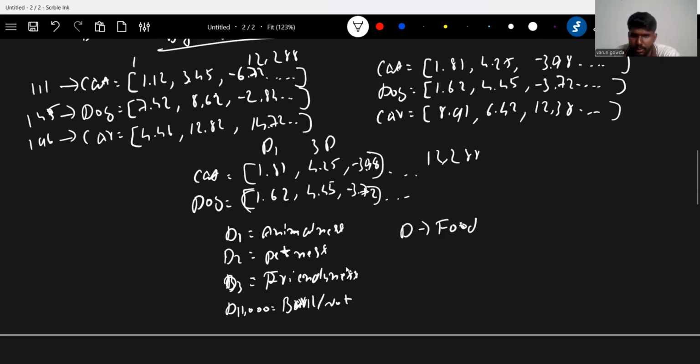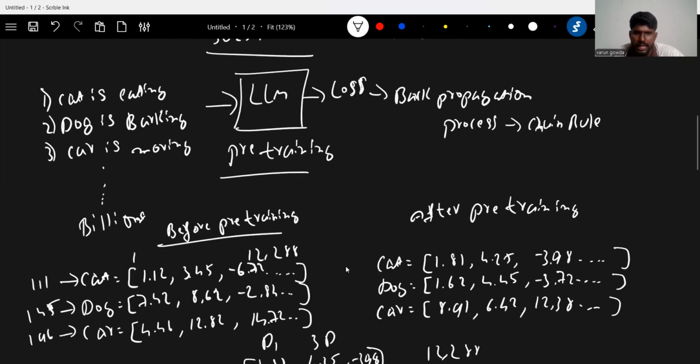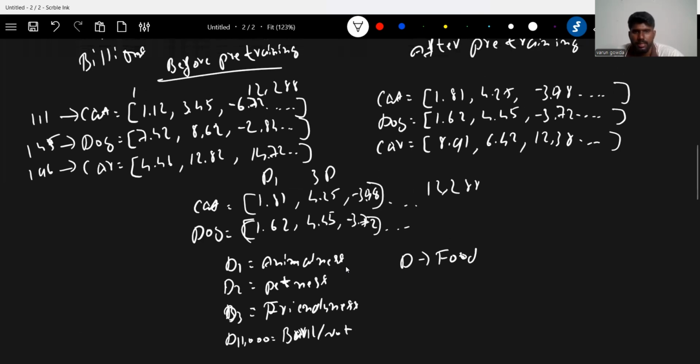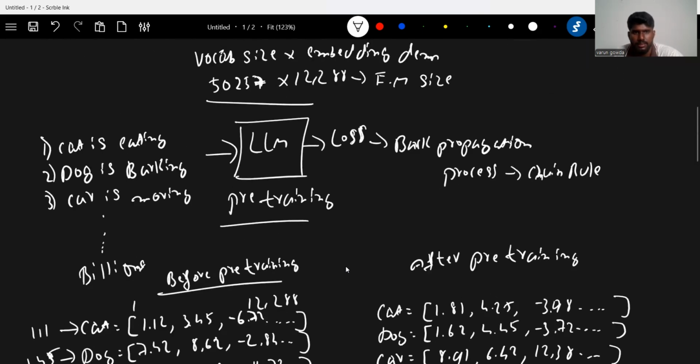We don't know, right? Whatever data it has seen during the pre-training process, it will come up with its own new features or dimensions, and according to that, it will update the embeddings. I think this makes sense.